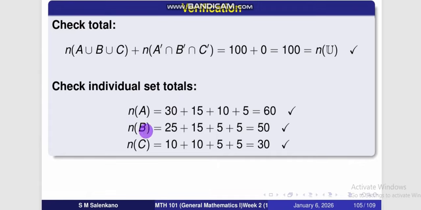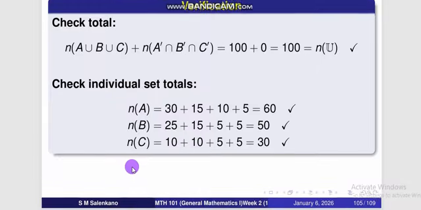Those who read B only, B and A only, B and C only, all the three. Those who read C only, C and A only, C and B only, all the three. And if you add all of that, you see that you get the number you were given in the beginning for each one of them. So this means that you are correct.